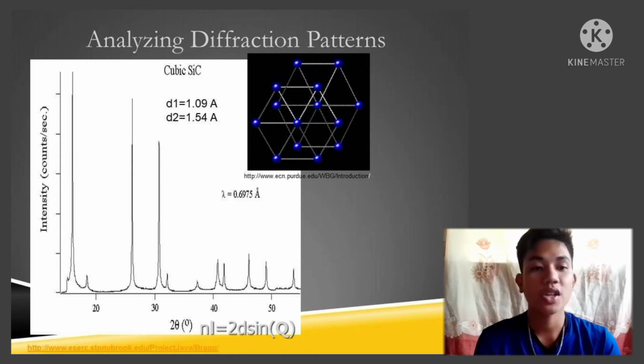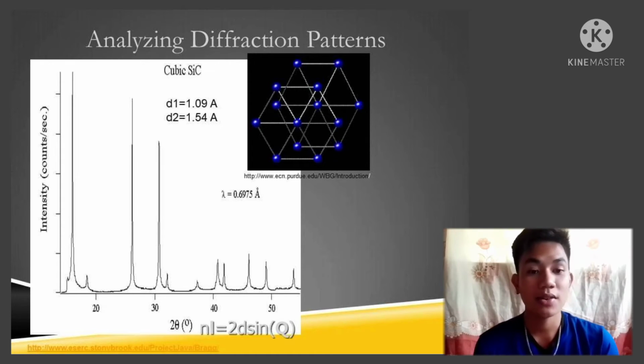The wavelength is 0.6975 Å, and the diffraction angle is 20°. The intensity counts are higher between the scale of 20 to 30, so the scale decreases as the distance advances.